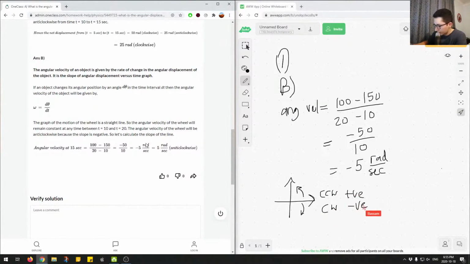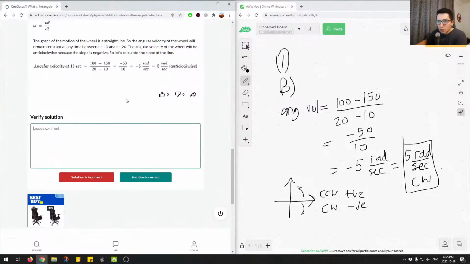So here we would say clockwise. Actually, we would say 5 radians per second, let me erase this and write it a little clearer, 5 radians per second clockwise. That's our final answer for part B.